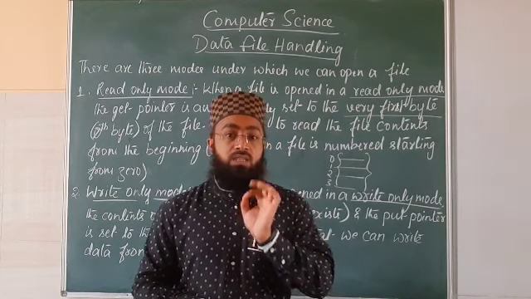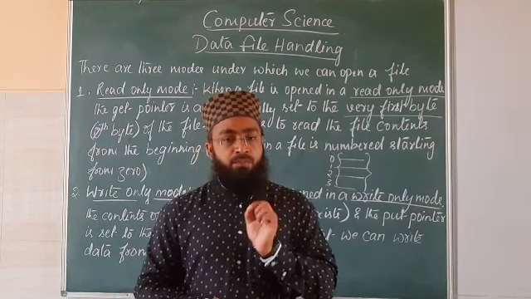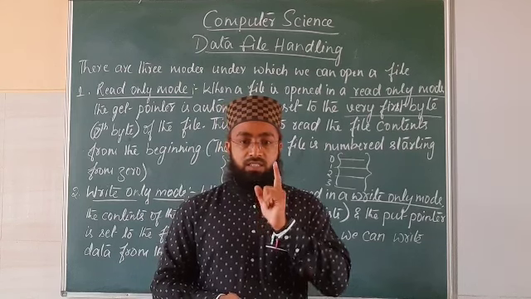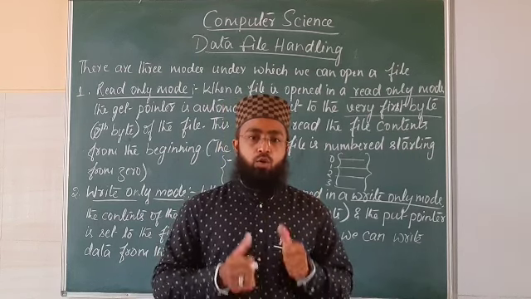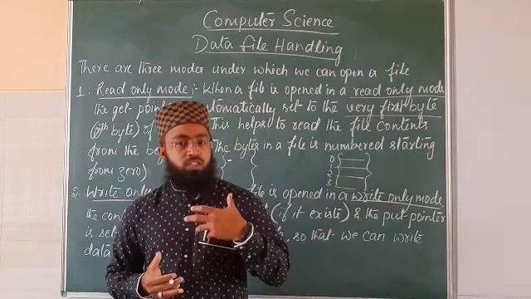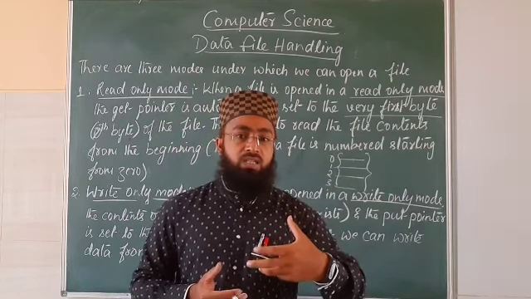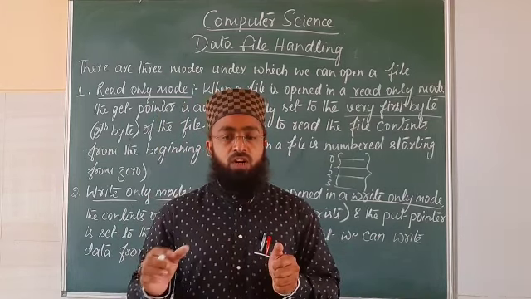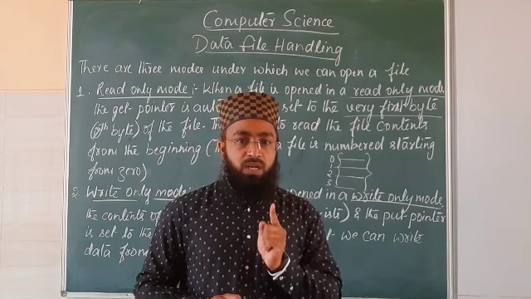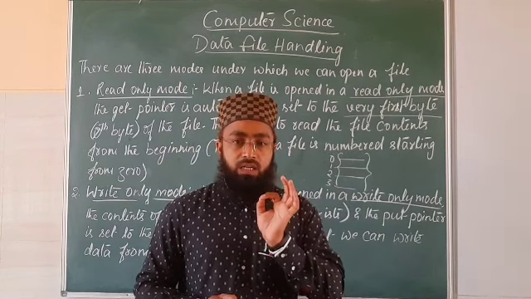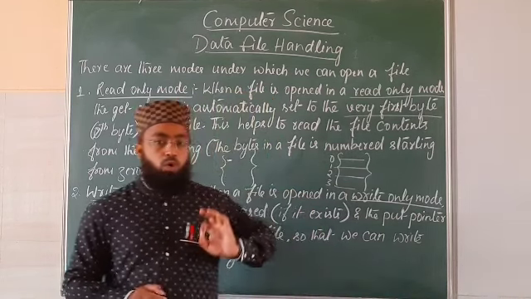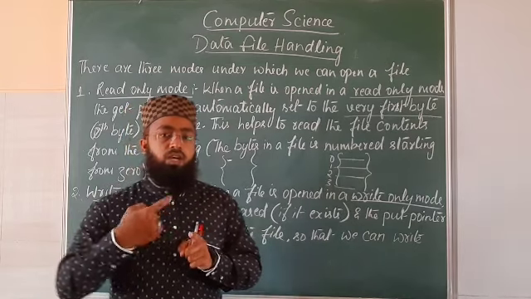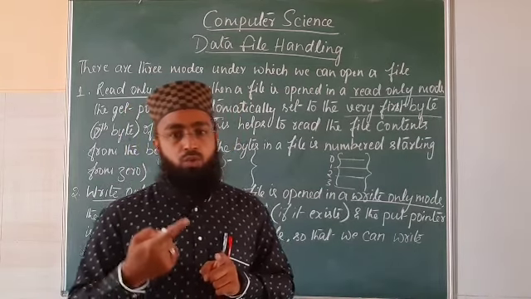It will begin at the starting of the file. This is the best example. Whenever you open to message your friends, the cursor will blink at the starting point itself. This is called opening a file in write-only mode.